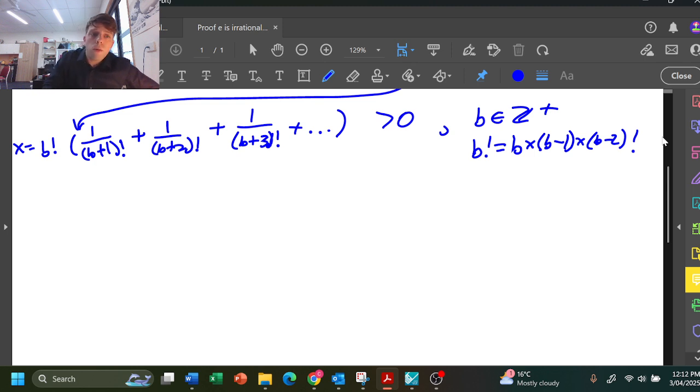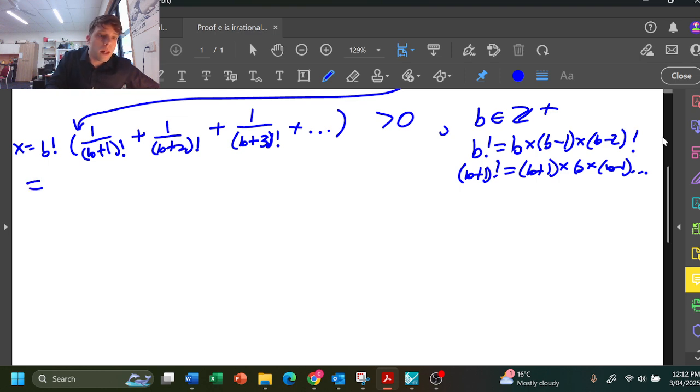So what you might notice is if we were to expand the brackets here, we'd have b factorial over b plus 1 factorial. That b plus 1 factorial would be equal to b plus 1 times b minus 1 times b minus 2, etc. If we were to expand this, then almost everything in that expansion would cancel out, leaving behind just the b plus 1.